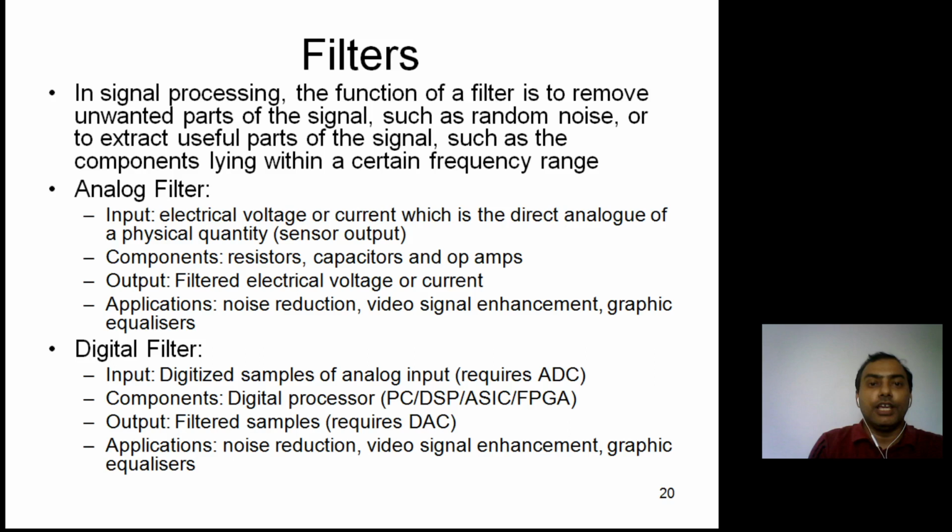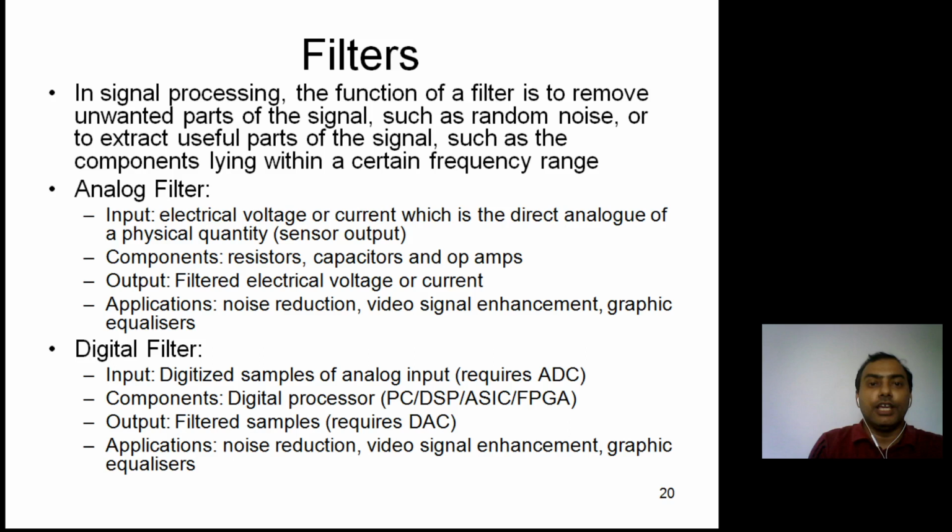Now these filters are in two categories: one is the analog filter, another is the digital filter. Analog filters take an input electrical voltage or current, which is the direct analog of a physical quantity, like a sensor output.